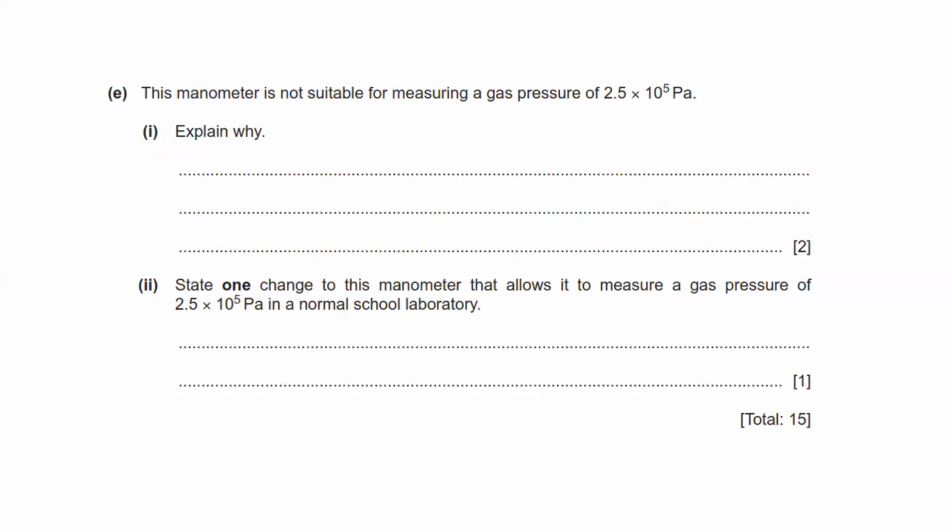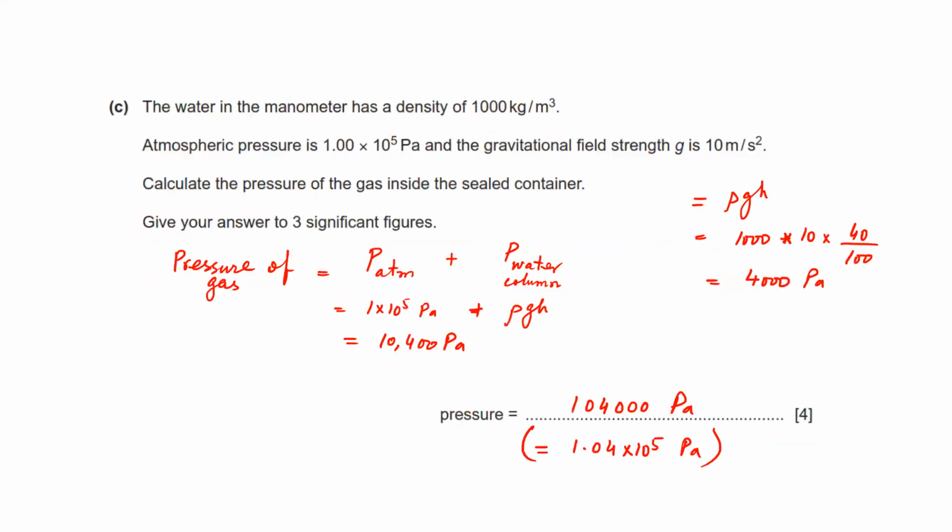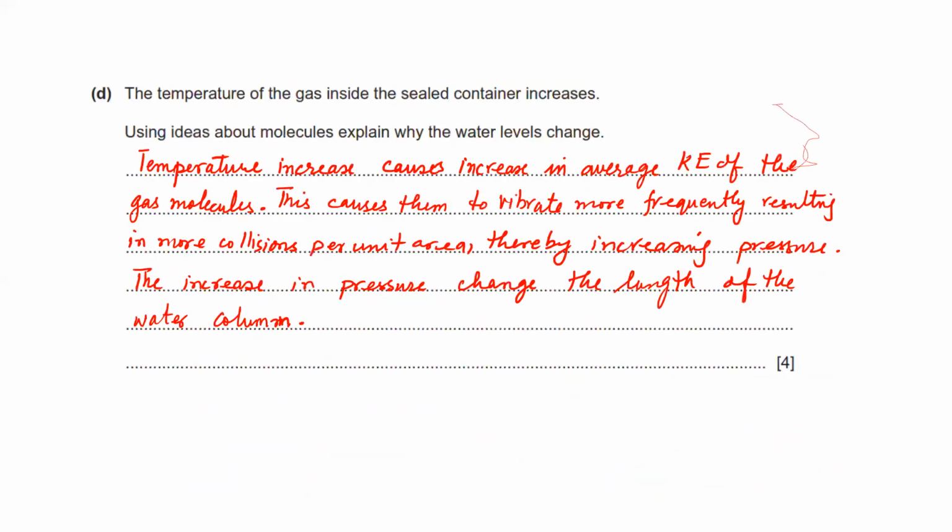So moving ahead, part E says the manometer is not suitable for measuring gas pressure of 2.5 into 10 to the power 5 pascals. Okay, explain why. So if we remember the formula we used, the pressure of gas it can measure is atmospheric pressure plus rho g h.